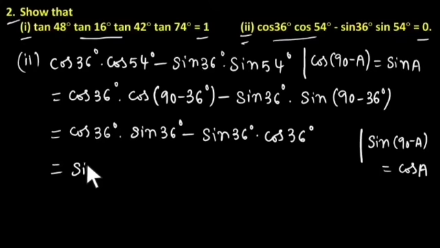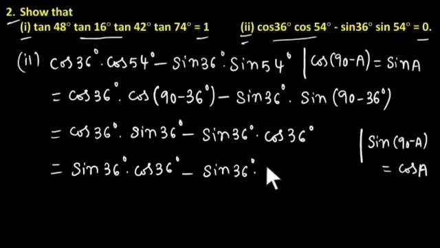So we write sin 36 first into cos 36 next minus sin 36 degrees into cos 36 degrees. So here we have sin 36 into cos 36 minus sin 36 into cos 36. So both are same, and one subtracting from the other we get 0. So that's the solution for the question.